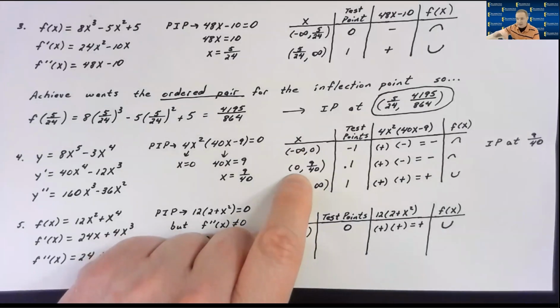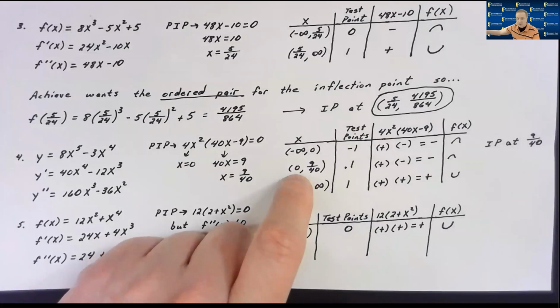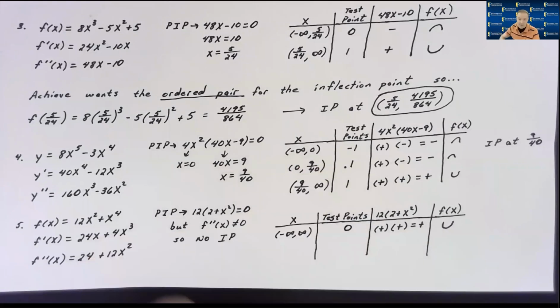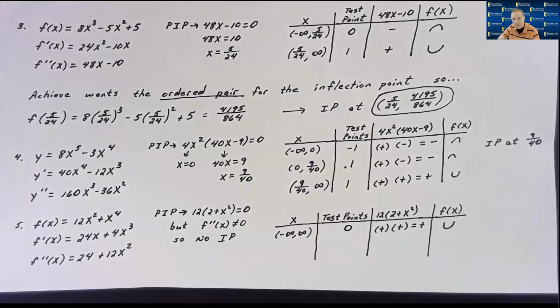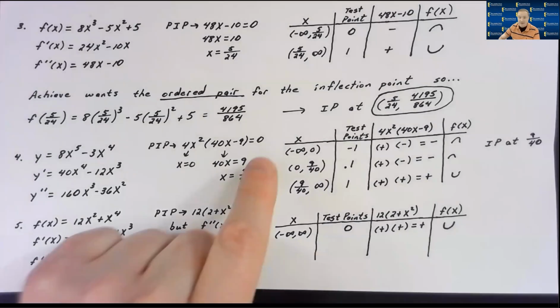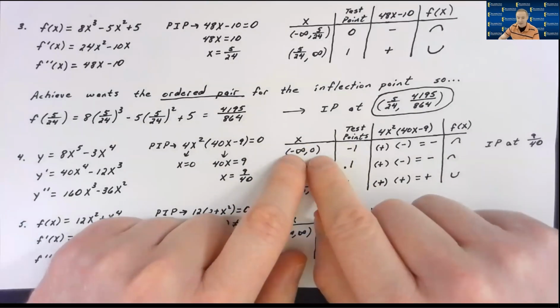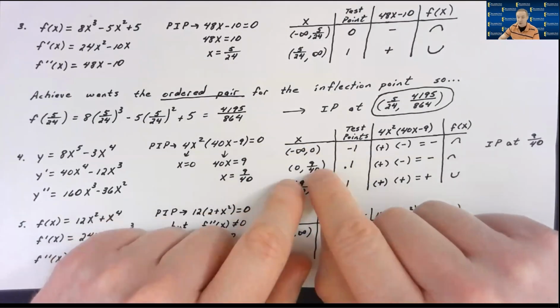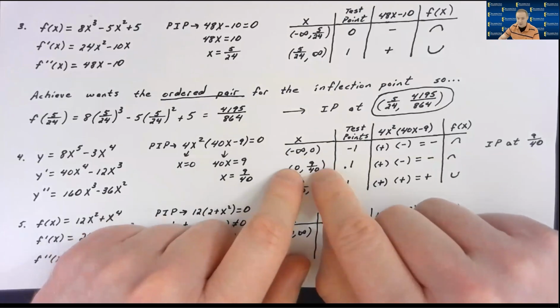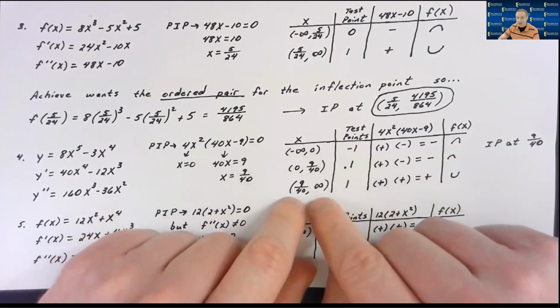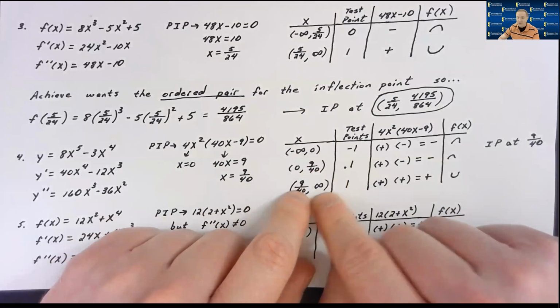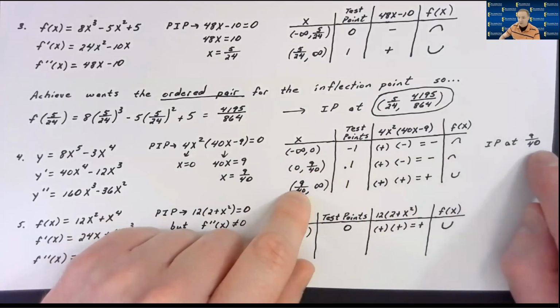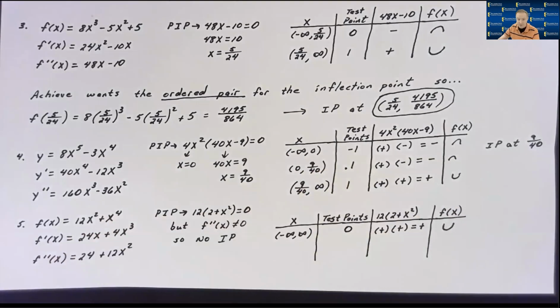It's concave down from -infinity to 0, and then it's concave down again from 0 to 9/40. Then it's concave up after that. So I can say, all right, my concavity intervals, I would have to say -infinity to 0 union 0 to 9/40, and then concave up from 9/40 to infinity, and my only inflection point is at 9/40.